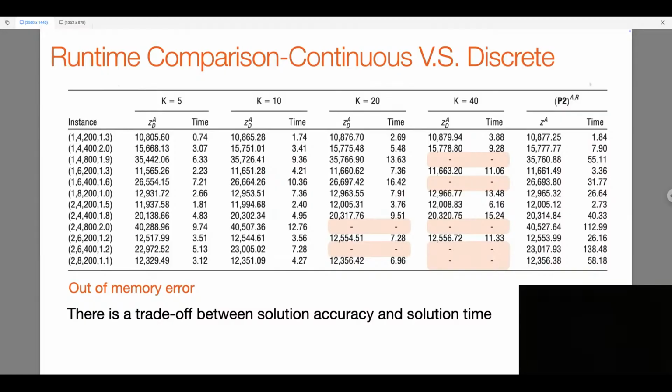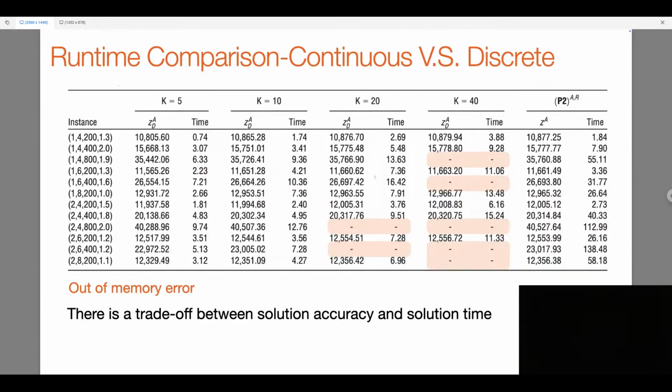If we treat the P2AR as the optimal solution, we can see the result for K equal to 5 is far away from the optimal solution, and for K equal to 20, they are quite similar now, but the time is already quite large.